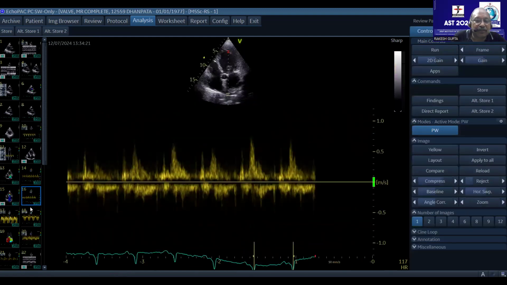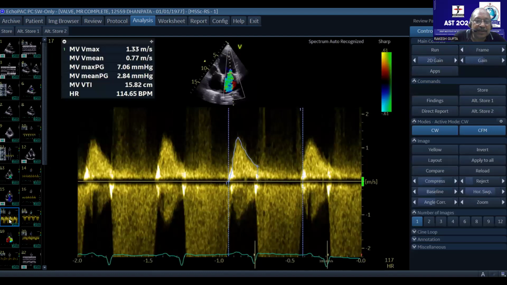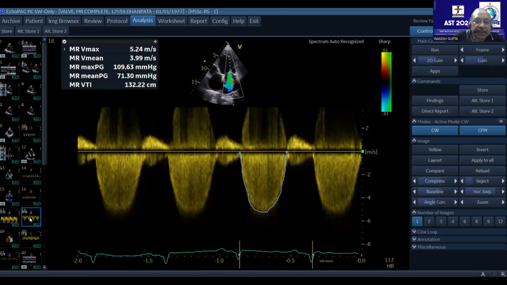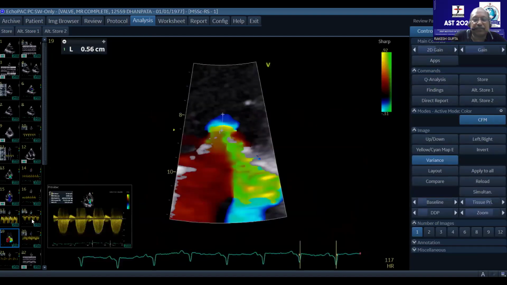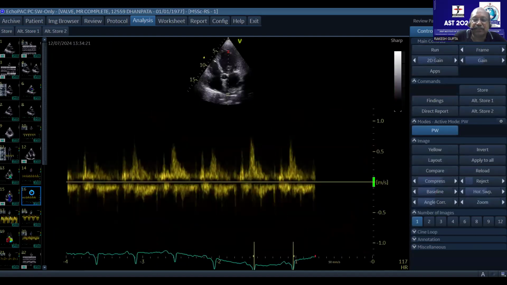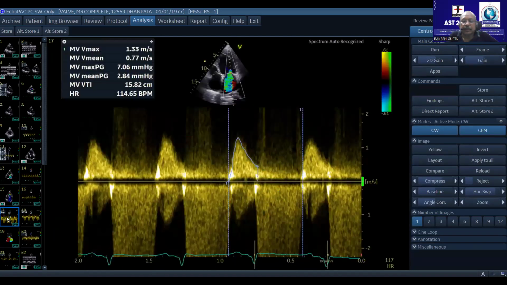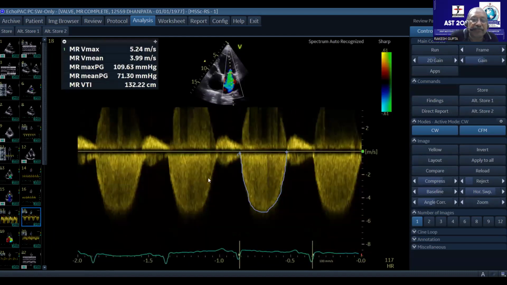How do you go for regurgitant volume? We look at this, calculated PISA for you. Let's calculate PISA first. What did we do in PISA? We went down to our scale.